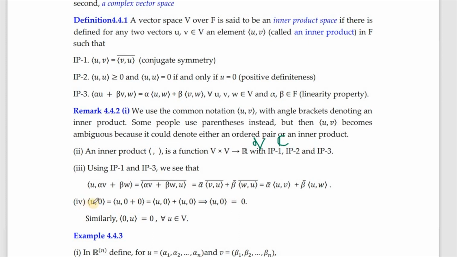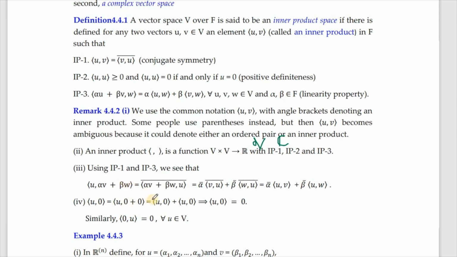Then the inner product of u with the vector 0 is always 0. Remember that the inner product of two vectors is always a scalar. So here this 0 represents a vector, whereas this 0 represents a scalar. The inner product of the vector u with 0 can be written as the inner product of u with 0 plus 0.